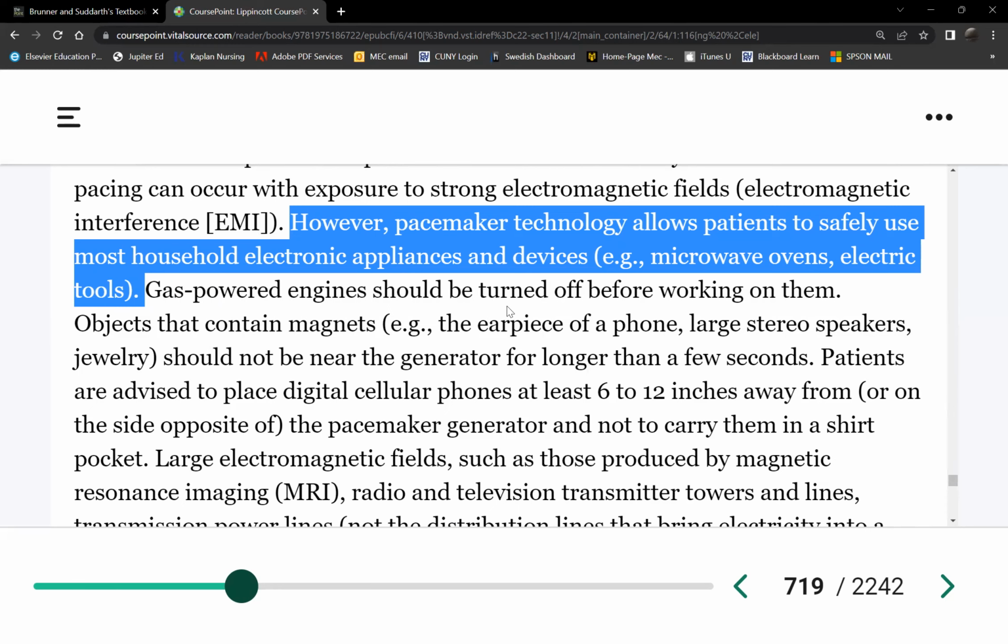No more. Pacemakers are safe to use around microwaves, because microwave ovens are modern now, unless you have some 1960s microwave oven, which hopefully we don't have any more of. Those microwaves definitely are harmful, but modern microwave ovens are safe to use for pacemaker patients.